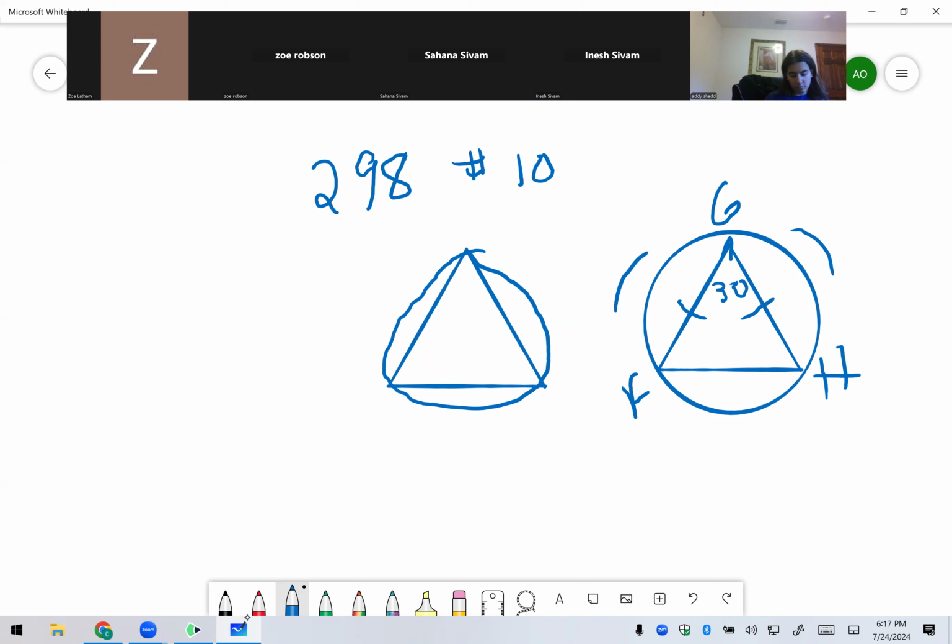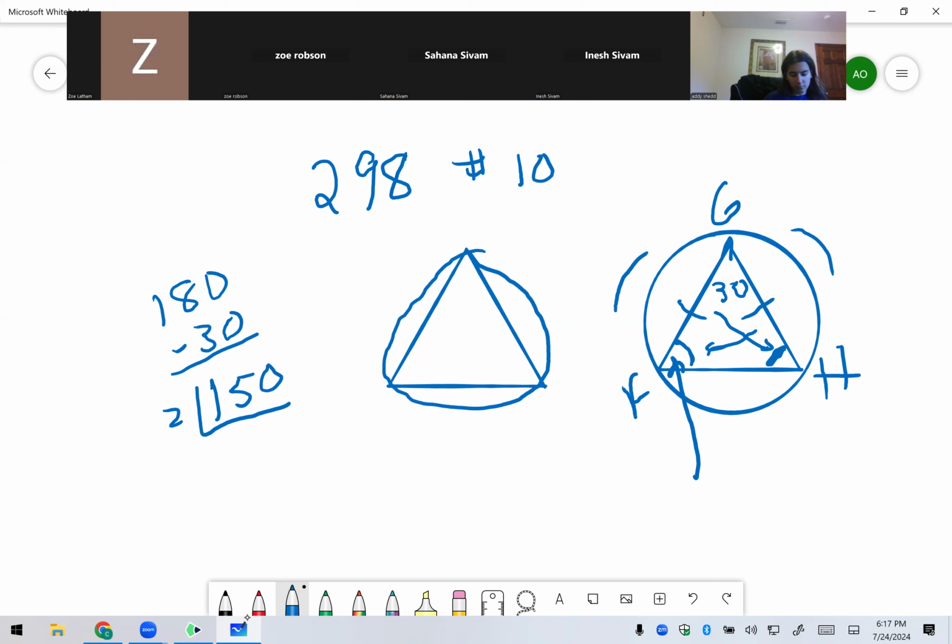And so next week, we're going to learn that in an isosceles triangle, the sides opposite are equal. No proofs on the test. So if we have 180 minus the 30, we're taking 150, and then we're dividing that by 2, each of these angles would be 75. And hopefully that makes sense to everybody.